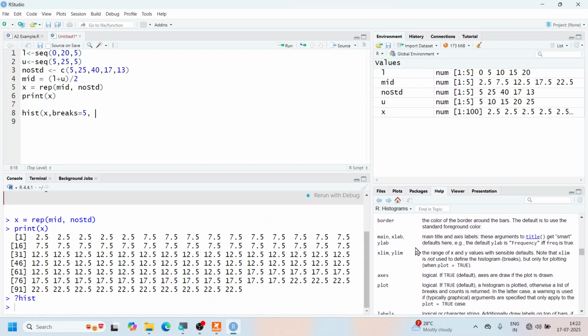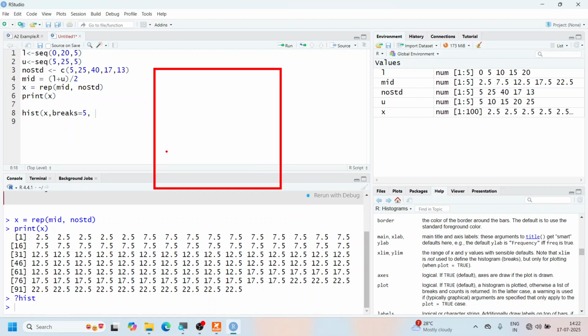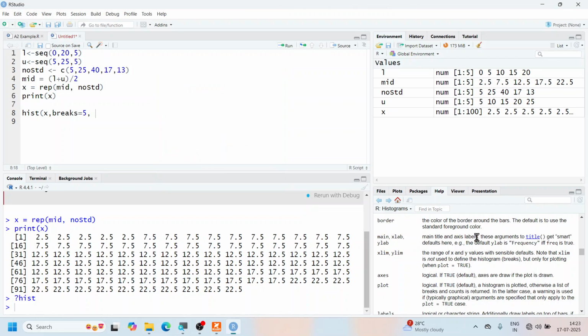The next things that I'm going to take are the main label, x label and y label. You know very well, whenever you draw a graph, you write the heading, something on the x-axis and something on the y-axis. That is the x-axis label, y-axis label, and the main heading. These are all the labels that we are supposed to write.